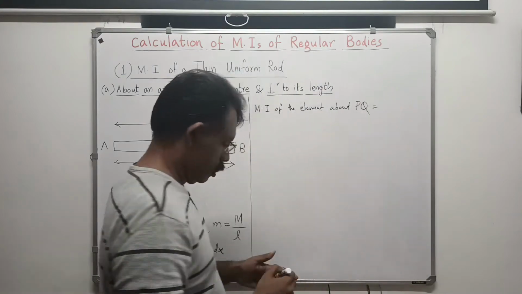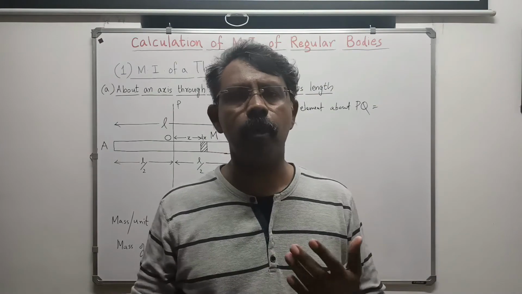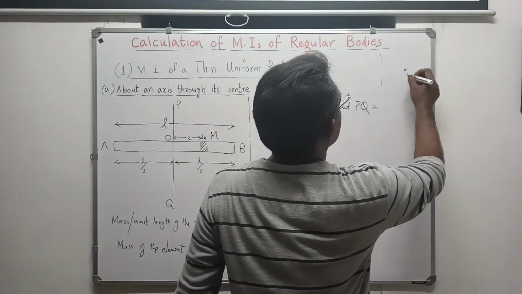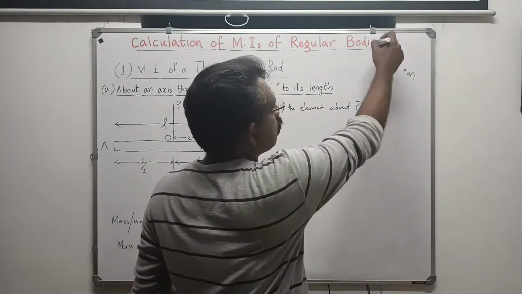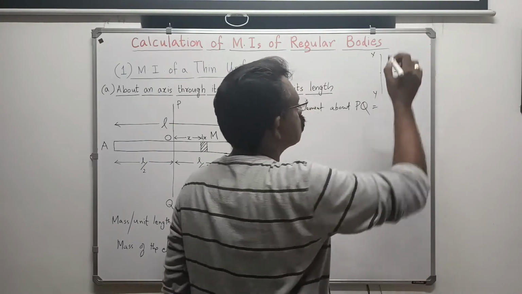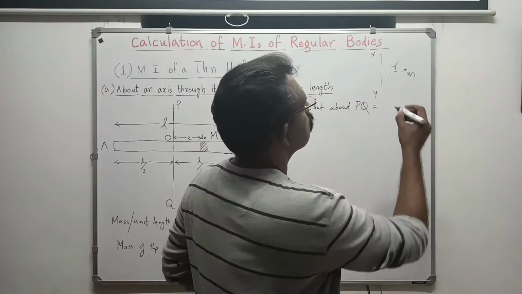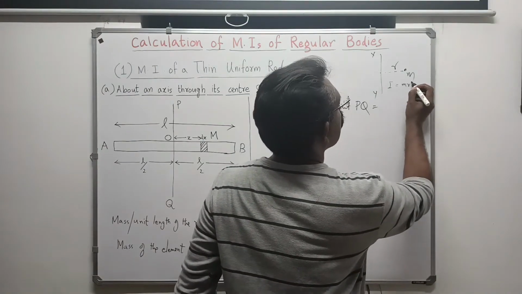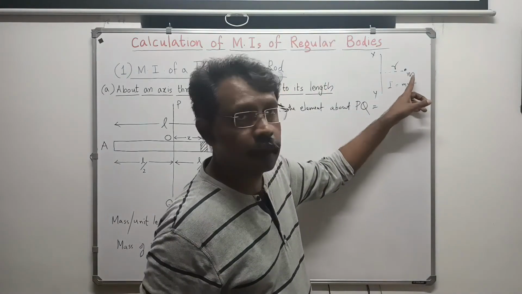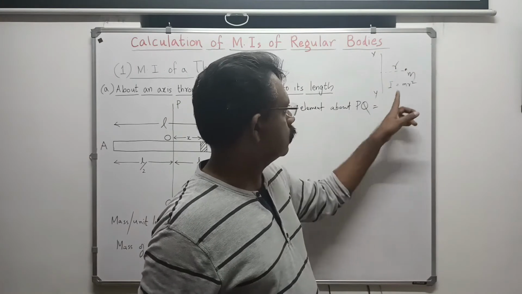We have studied that the moment of inertia of a particle of mass m, if I have a particle of mass m and an axis, for example the xy axis, and this is the distance r between the particle and the axis, is given by m r squared. That is, the moment of inertia is the product of the mass of the particle and the square of the distance between the particle and the axis.